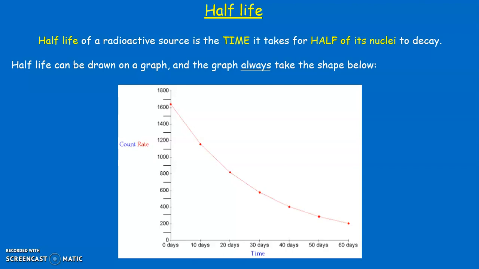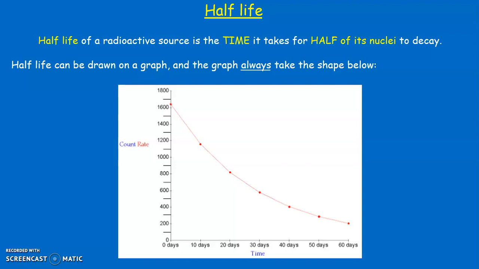Before we go any further, please copy this information down. So, I'm going to show you how to work out the half-life using this graph. You'll notice that the y-axis count rate starts at just a little bit above 1,600.